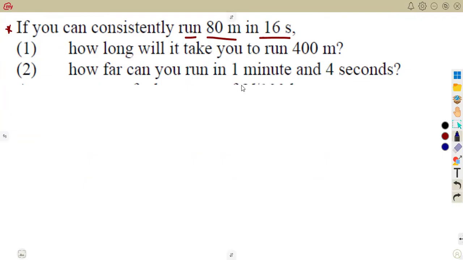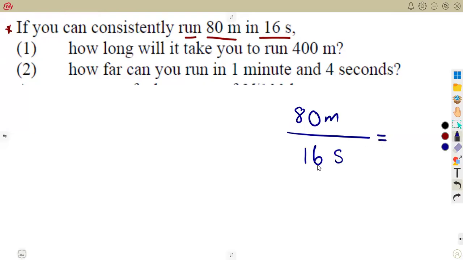We are not given this one per second, but you can change that one to per second. It's just like this, guys. You are covering 80 meters in 16 seconds, meaning per 16 seconds, in every 16 seconds.